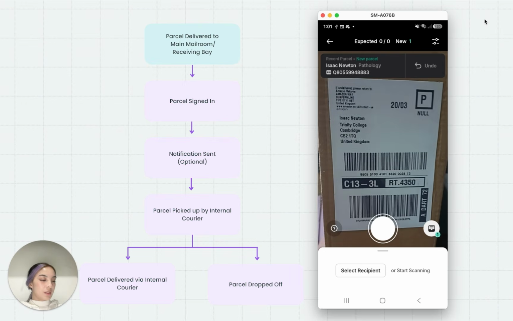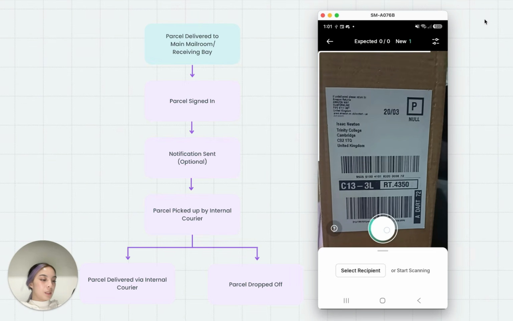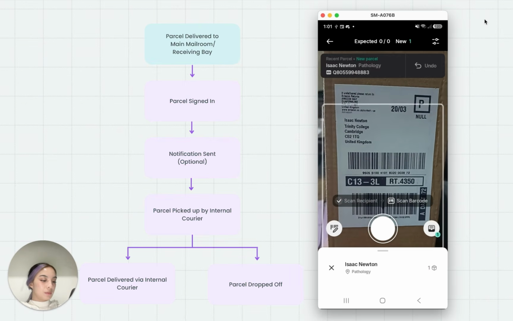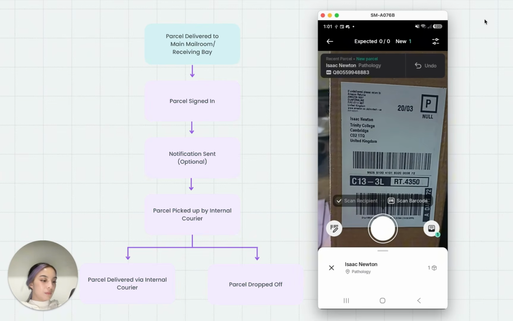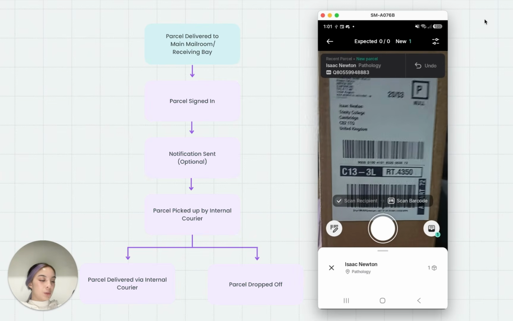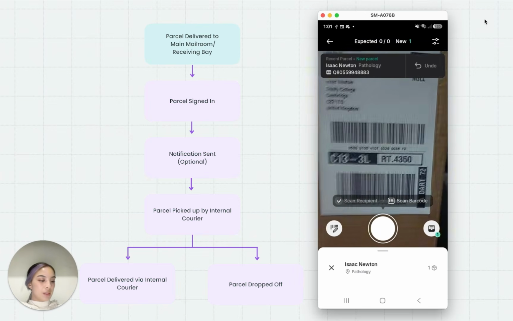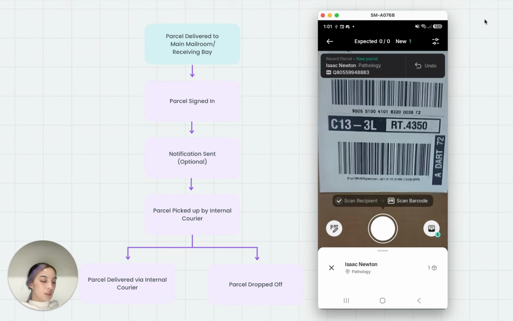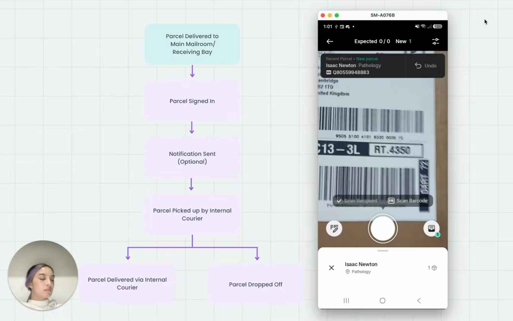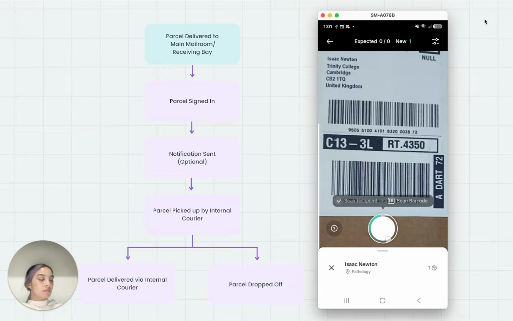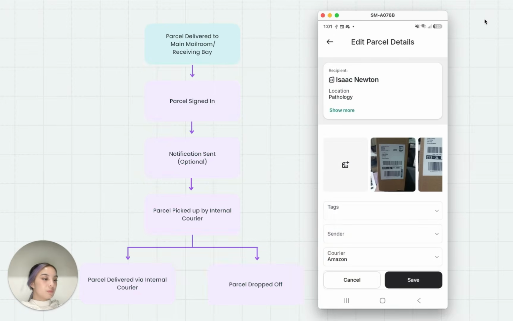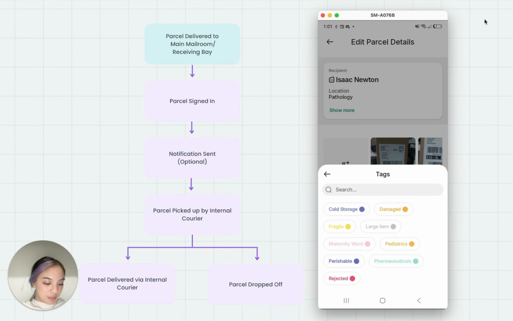Here's my second parcel label. Again, we'll press and hold the button to pick up the name and the barcode. If for any reason the app fails to do both, it'll pick up the name first and then prompt you to scan the barcode. So let's try scanning the barcode. And again, we can assign tags.